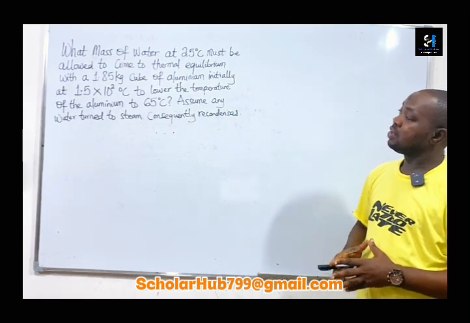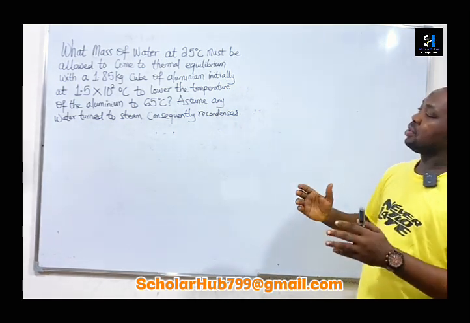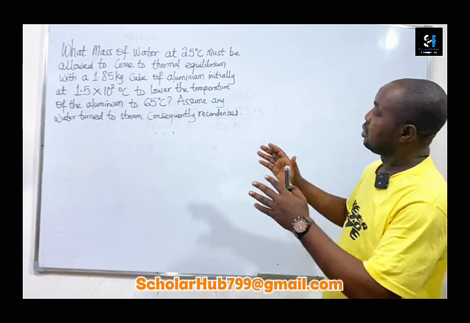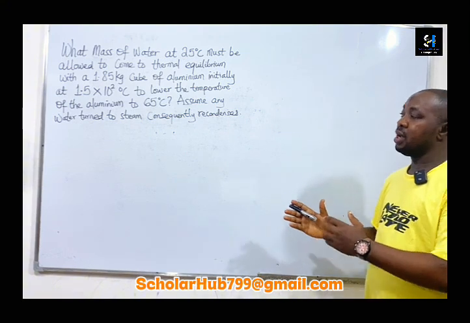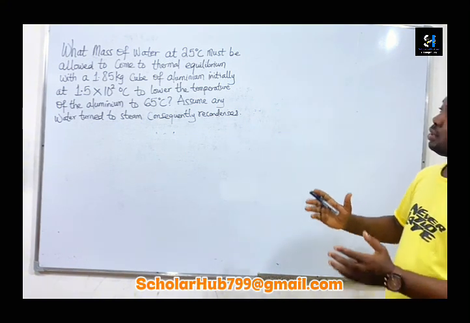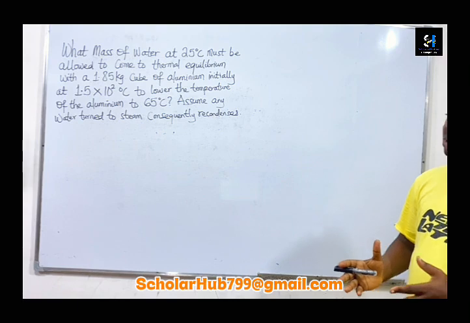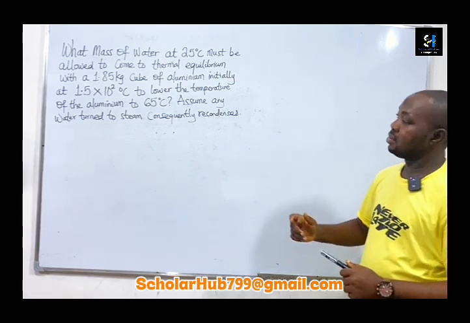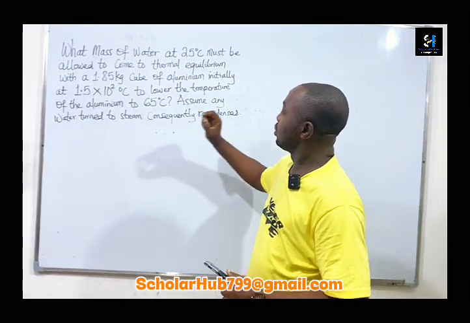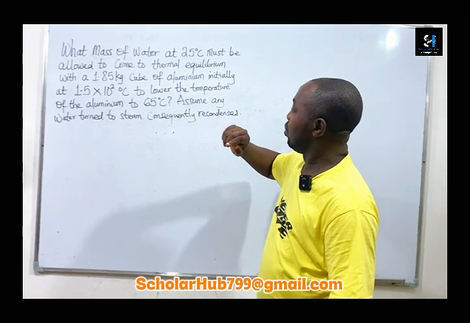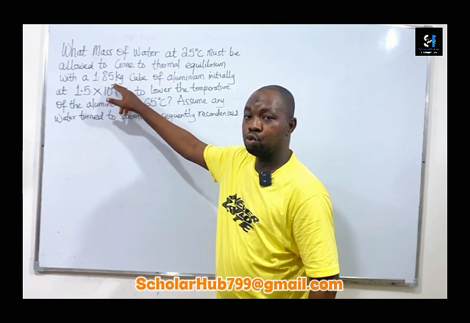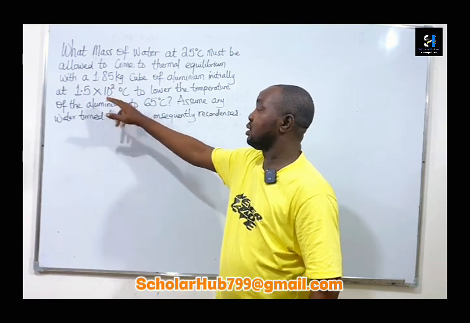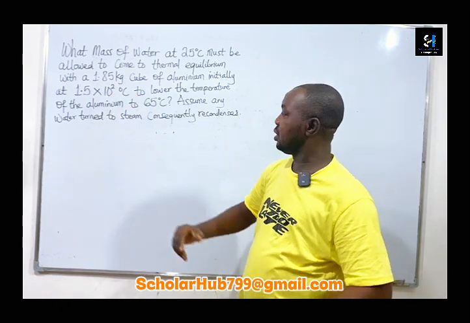For a question like this, we need to first understand that heat will be lost by the hot substance and heat will be gained by the cold substance. The hot substance in this case is aluminium, whose starting temperature was 1.5 times 10 to the power of 2 degrees Celsius, which is exactly 150 degrees Celsius.